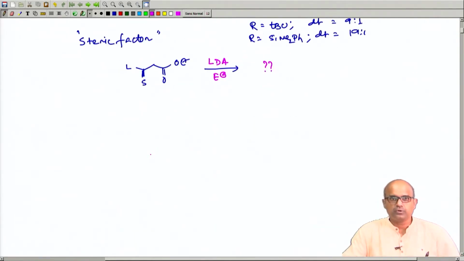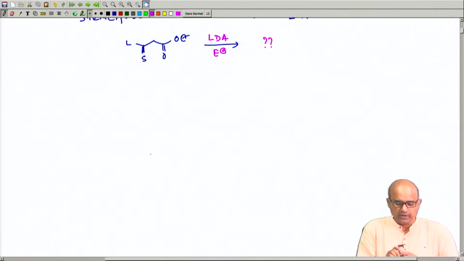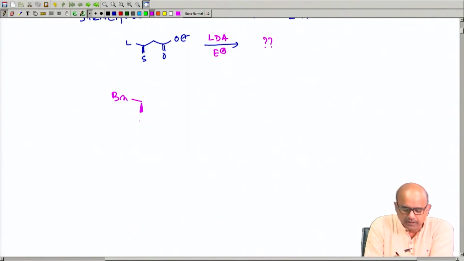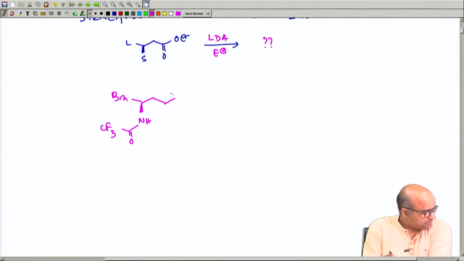Similar acyclic stereo control, there are few examples. We will just quickly talk about some of the examples. One of the nice examples was this system where an NH containing group acted as the main factor, but in this compound the stereo center was a little bit apart.